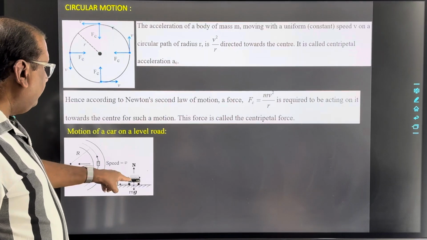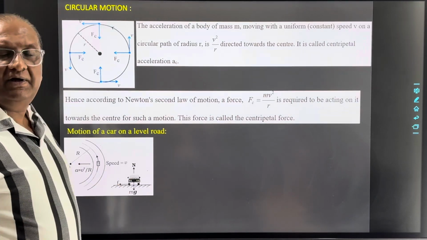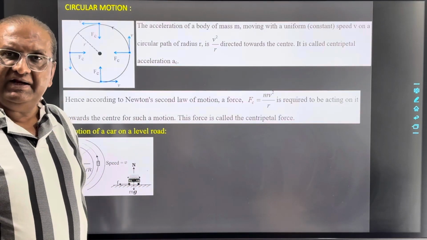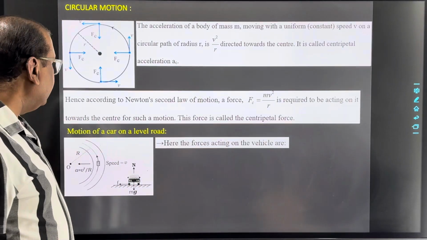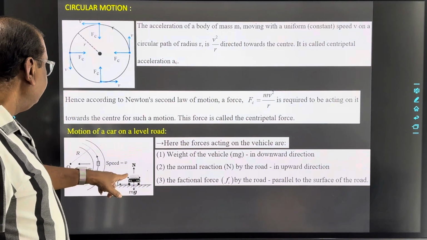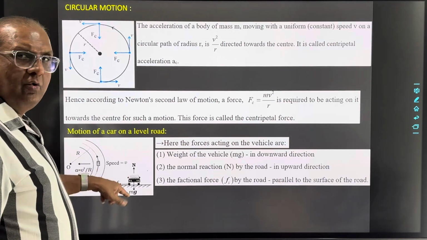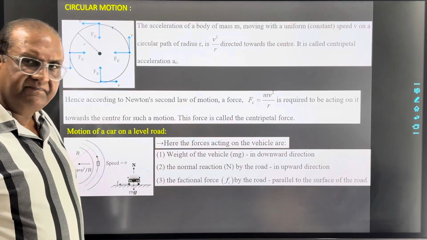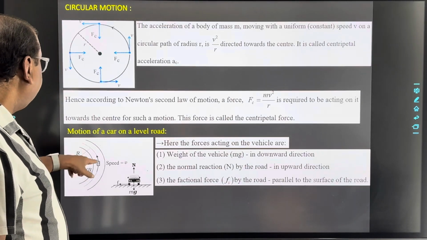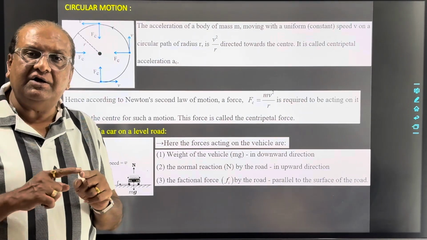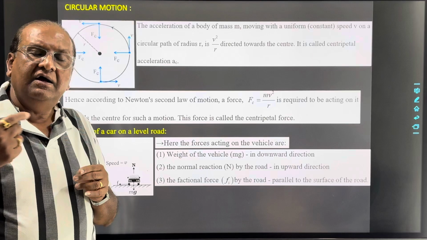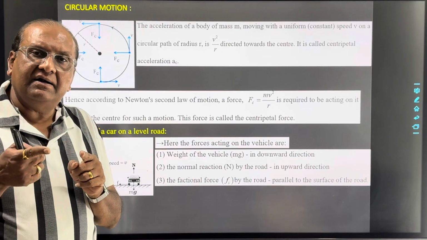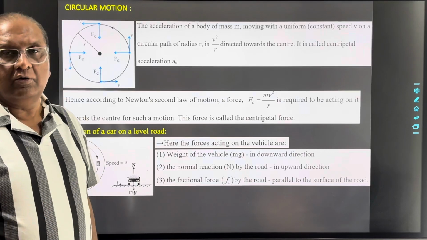One force is the weight of the car, that is mg, which is in the downward direction. Second force is the normal reaction by the road on the vehicle, which is vertically upward. And the frictional force, which is parallel to the surface towards the center, between car tire and road.